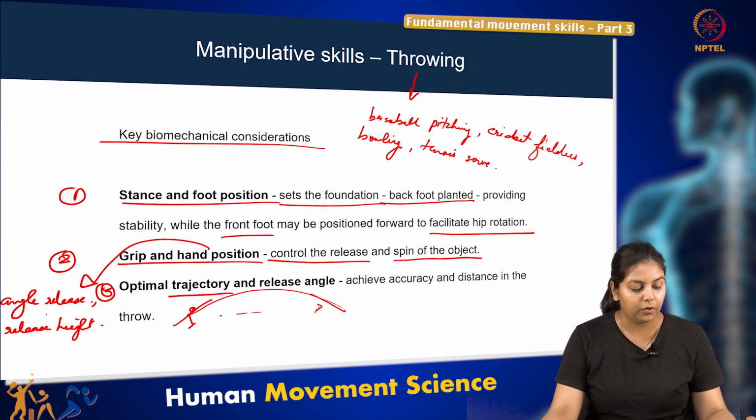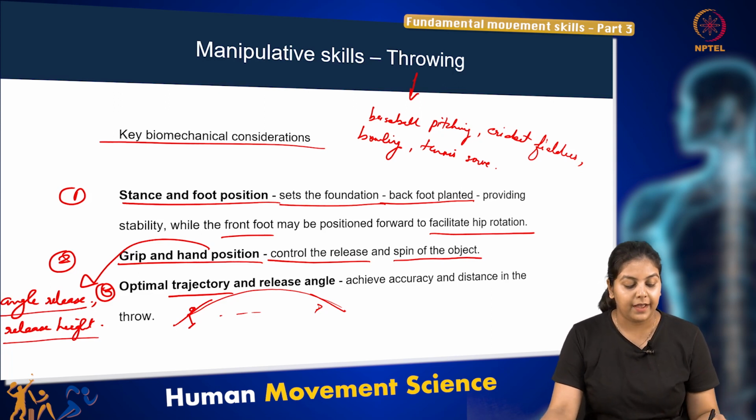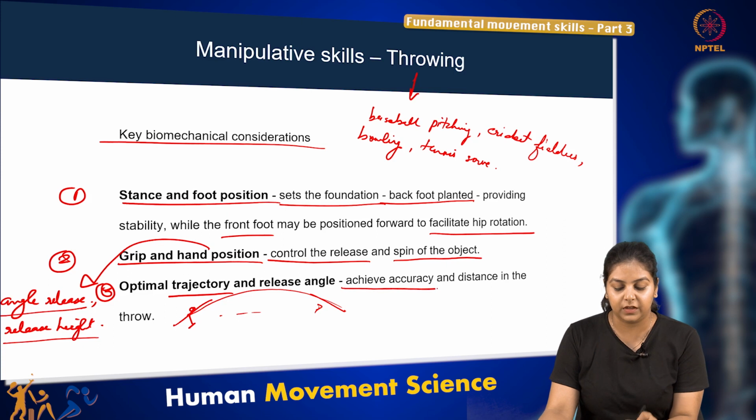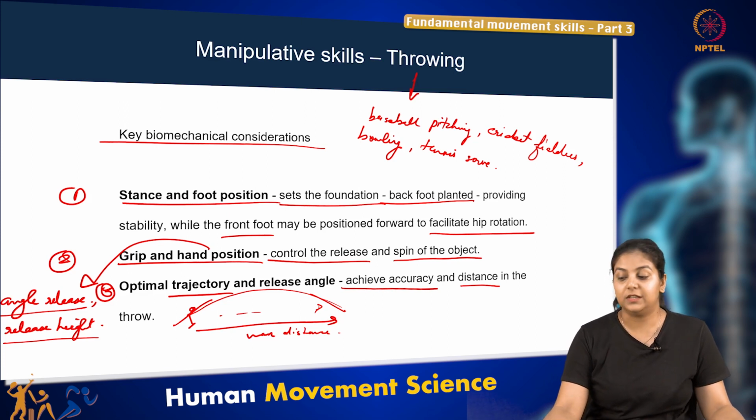Again, important would be release angle, release height, your velocities, your vertical and horizontal velocity. And these are quite important to achieve accuracy and distance, right? So for javelin, it's quite important to achieve max distance, right? So your optimal trajectory and release angles become quite important in that scenario.